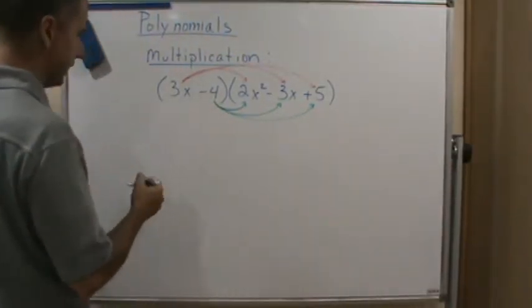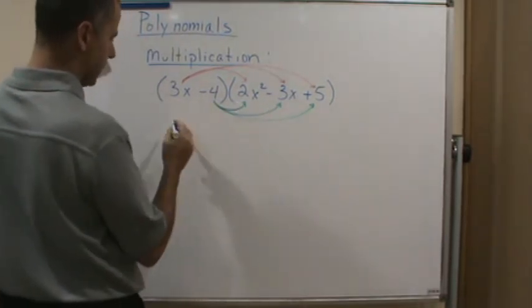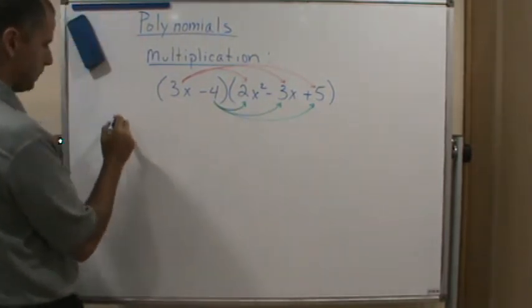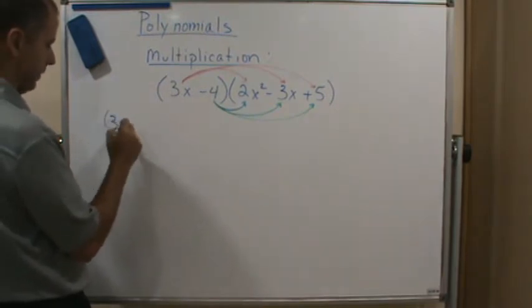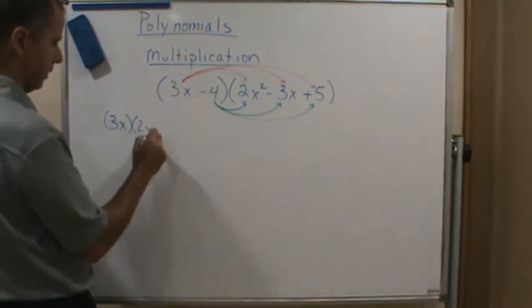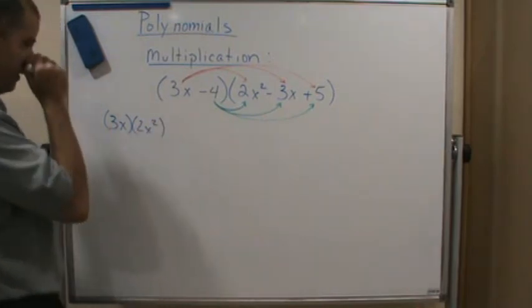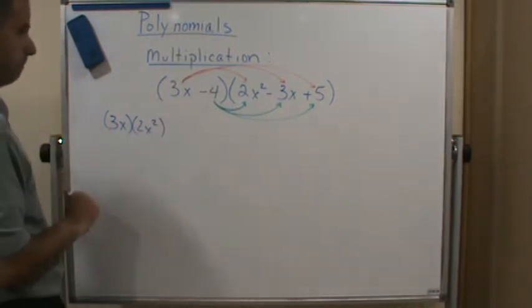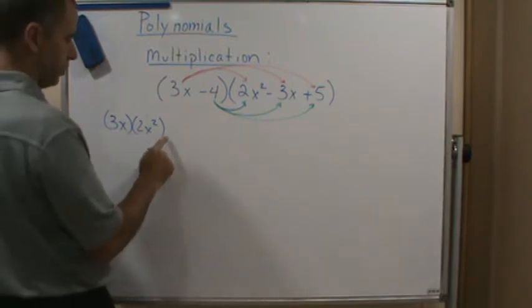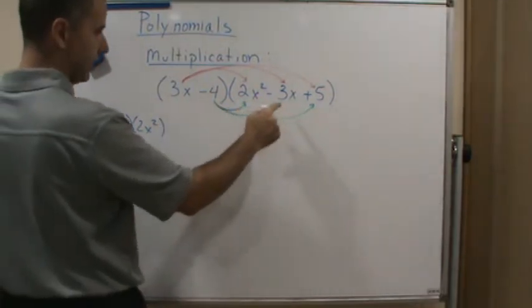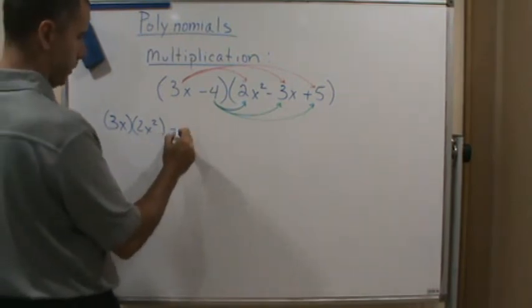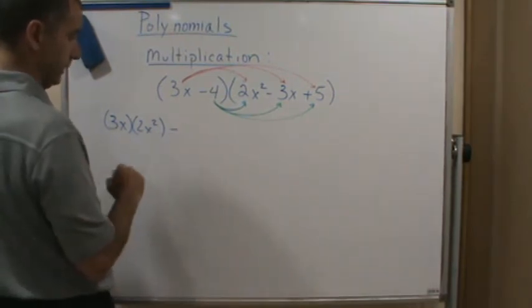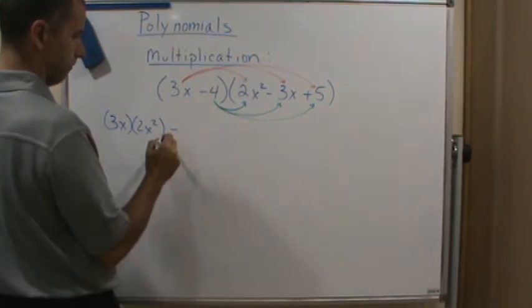So I'm going to take 3x times 2x squared. I'm going to expand it out just so I have enough room. So 3x times 2x squared, and then I'm going to do 3x times 3x.